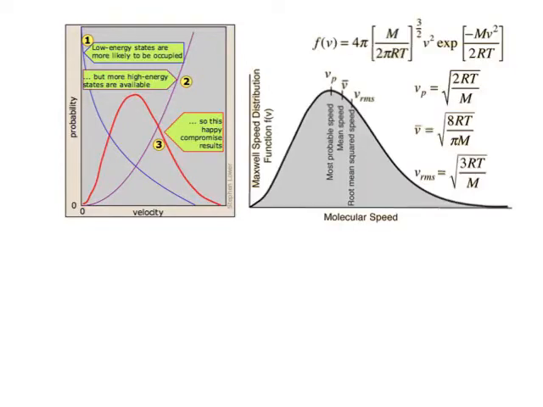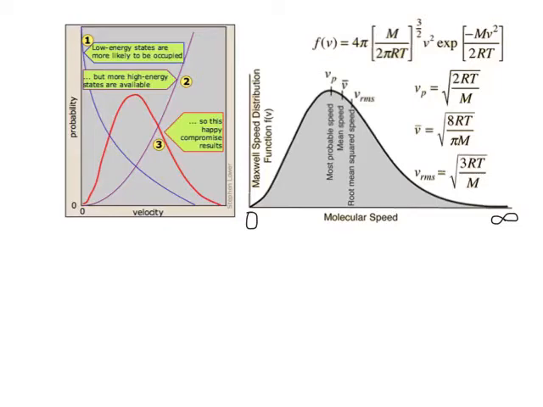The math behind this gets pretty heady, so we're not going to cover that at all, but just basically know that the highest point on the graph is the most probable molecular speed. The average speed is actually slightly higher than that, and it's skewed because this tail of the graph is bounded at 0, and this tail of the graph is an asymptote that, I'm not going to get into speed of light kinds of things here, but it's approaching infinity.